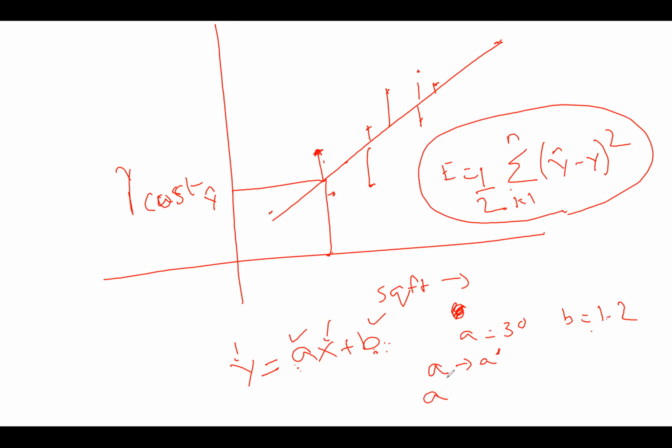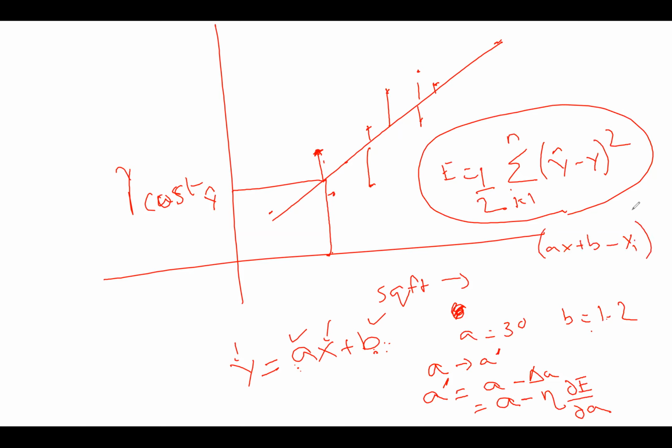Gradient descent, what did we find? a prime is equal to a minus delta a. This is what we saw through gradient descent. It says a minus some learning rate times the differential of error with respect to a. Now you can just plug this equation in. y hat is ax plus b minus y.